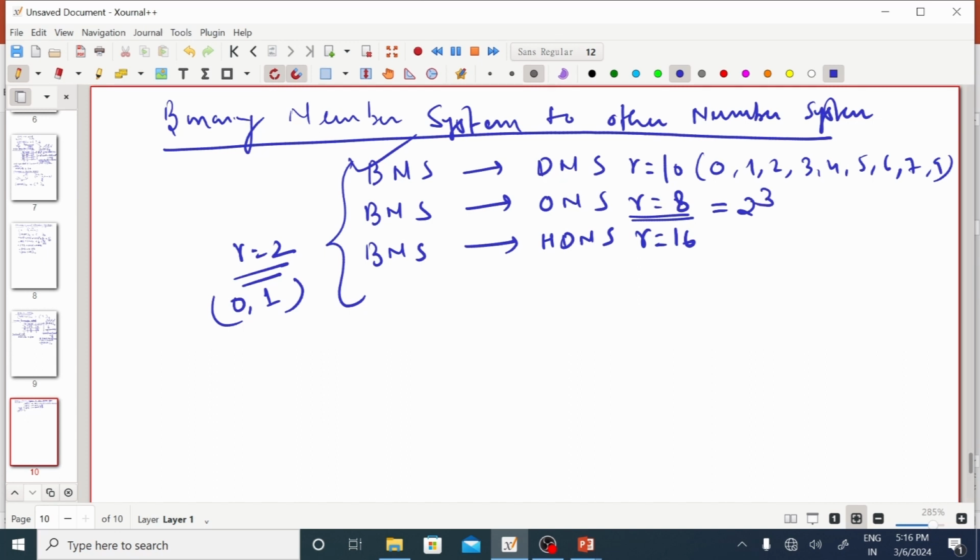So we simply make groups of 3 binary bits, and then we find the equivalent octal digit of each group, because we know that the octal digits are 0, which is represented by the 3 binary bits 000, then 1, 2, 3, 4, 5, 6 and 7.